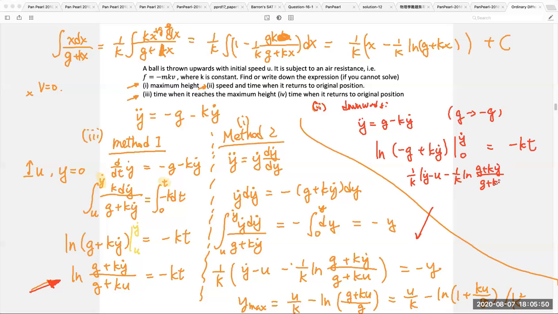Starting from here, x has a range from 0 to y dot, just like this one.